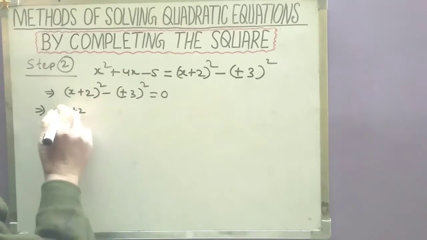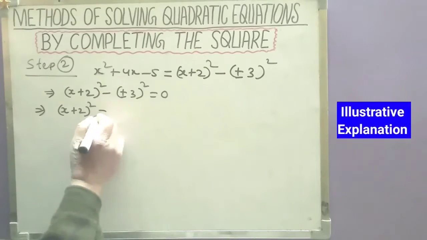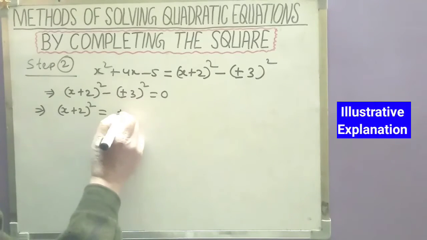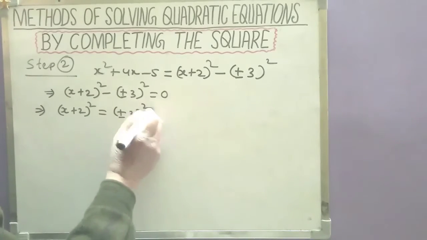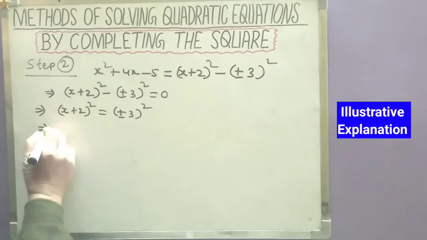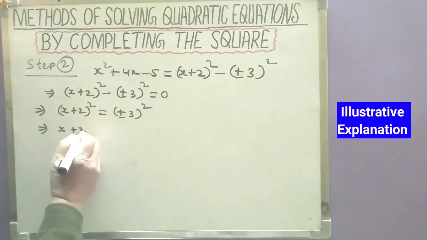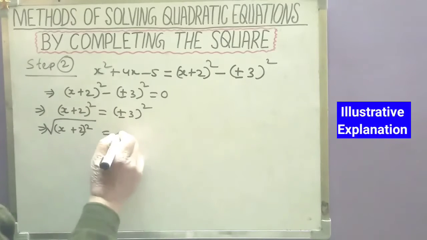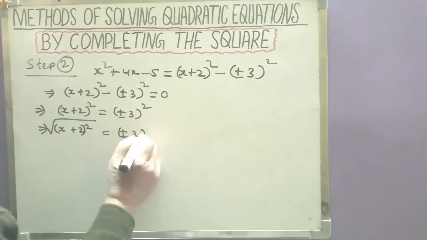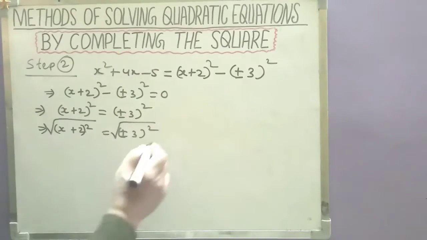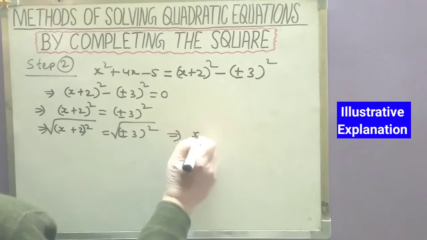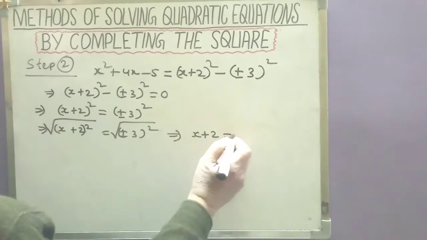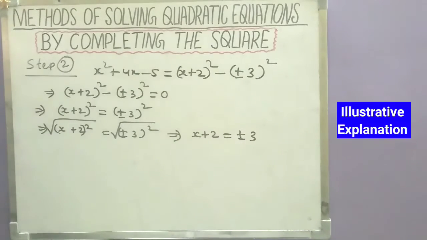That implies that whole square of x plus 2 equal to whole square of plus minus 3. Taking the square root of both sides, we have x plus 2 equal to plus minus 3.